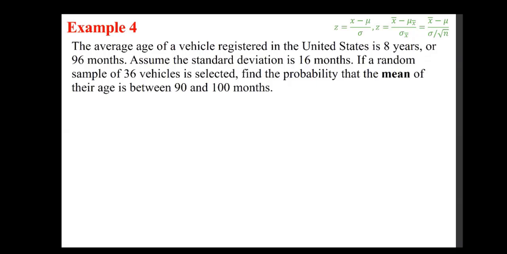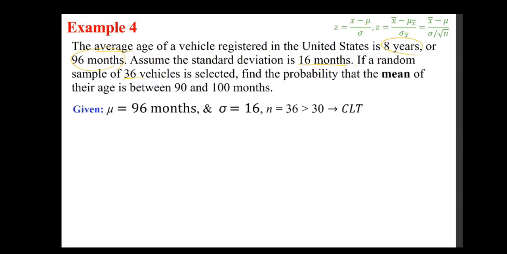The average age, that means the mean, is 8 years, or 96 months. So that's mu. We are assuming the standard deviation is 16. That's sigma. A random sample of 36 vehicles. N is 36, and it's larger than 30.